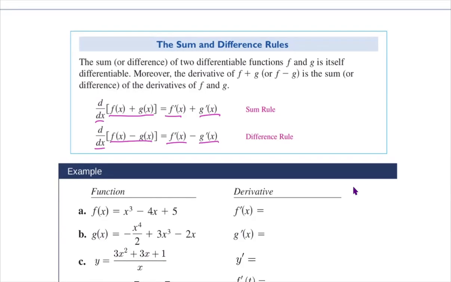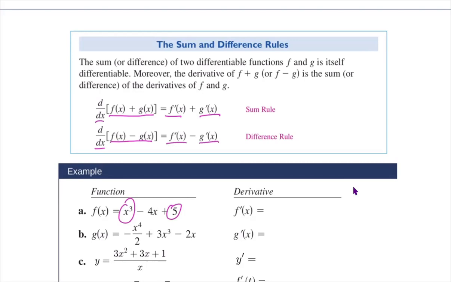Well, that takes me to calculating the derivative of terms of a polynomial, right? For the first one, I would use the power rule.